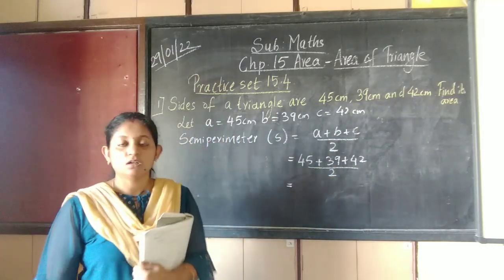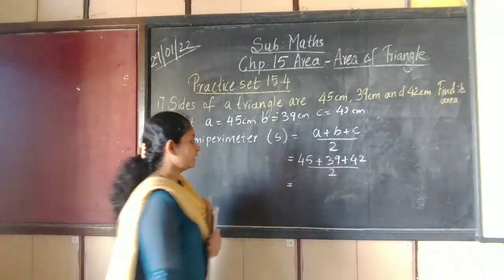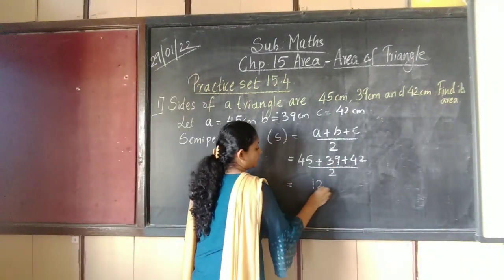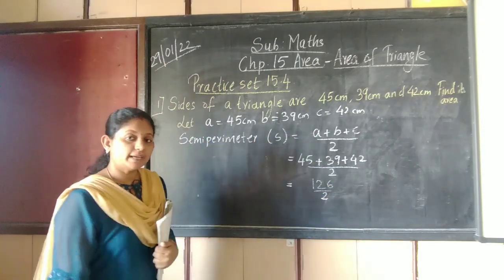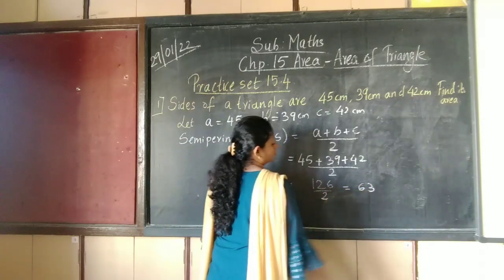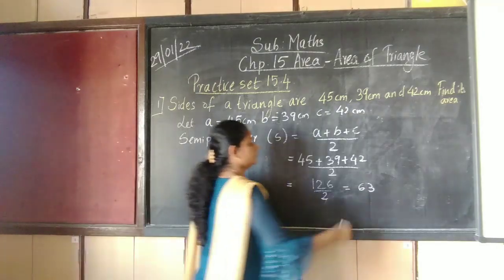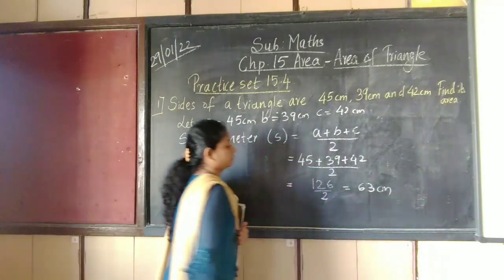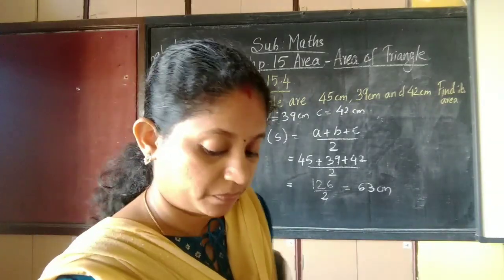Add this together, how much will you get? When you add all this, you get 126 upon 2. When you divide it by 2, you get 63. This is the semi-perimeter. Unit will be centimeter. We got the value of s. Now we can find out the area.